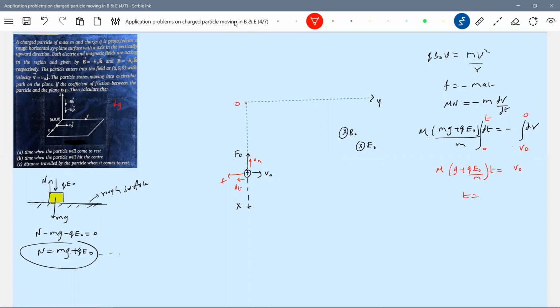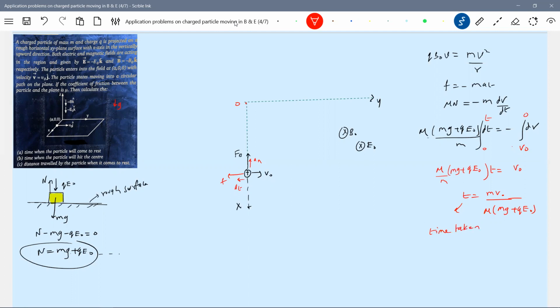I think better let m be there. m v0 by mu (mg plus qE0). What is this time taken by the particle to come to rest?